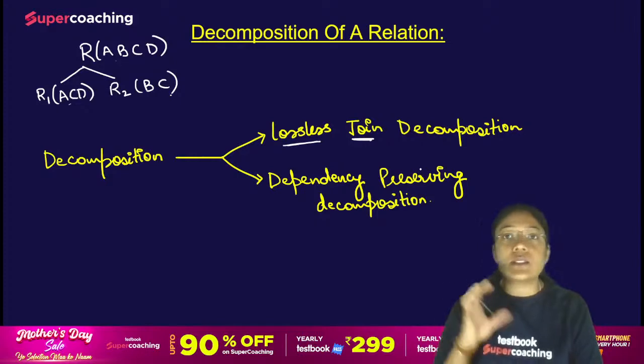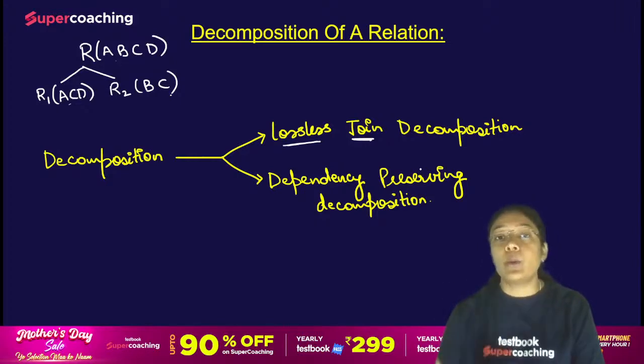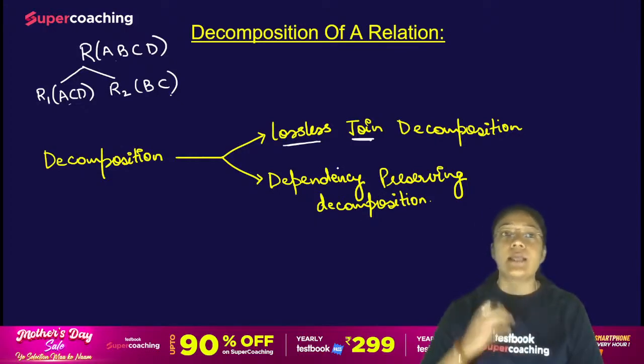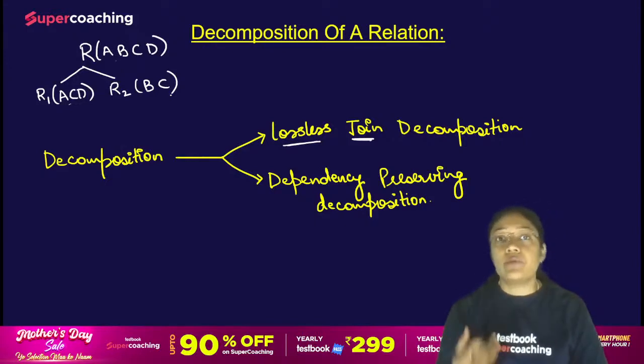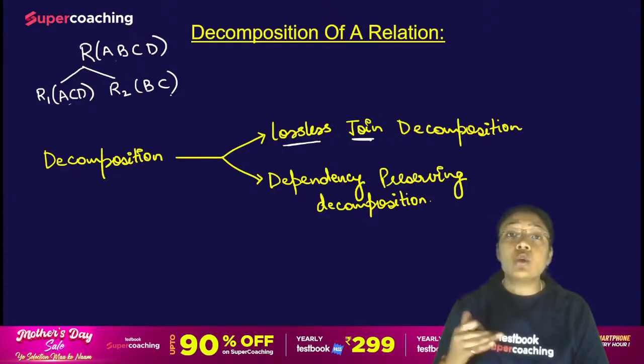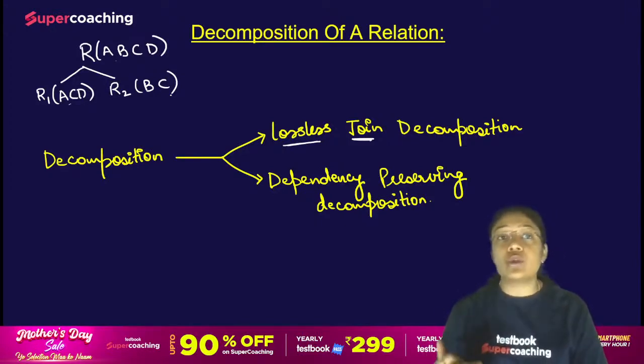Dependency preserving, this is just an overview. We will be understanding both the properties with the help of the examples and the questions. Okay. Second one is dependency preserving decomposition. नाम से ही समझ में आ रहा है, dependency preserving means whatever functional dependencies exist for the relation R, all those functional dependencies will be preserved, or all those functional dependencies will be supported by the sub-relations as well.